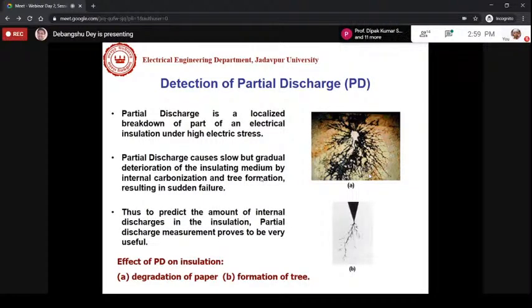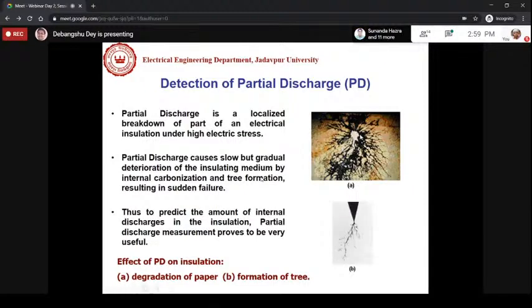So some electrical stress will be there. Then what will happen? Local discharge will occur. And gradually that local discharge, local sparking, will damage the insulation.